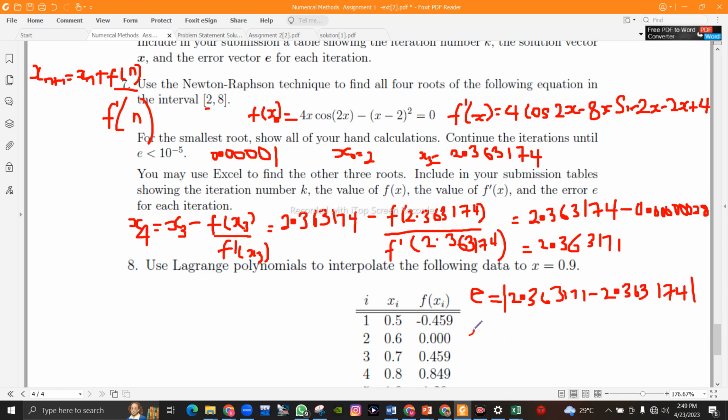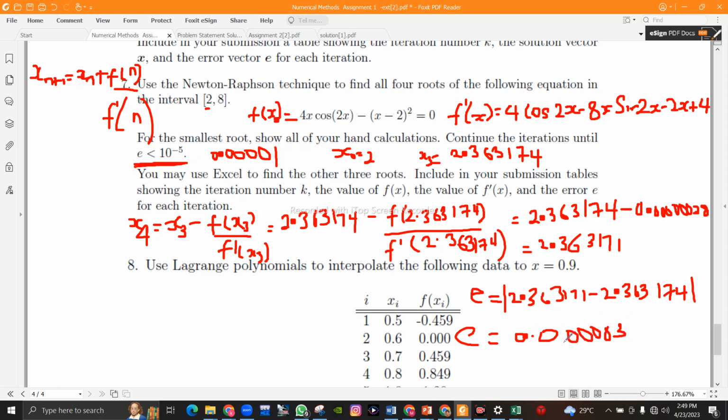So the error now is equal to 2.363171 minus 2.363174. That's 0.000003.